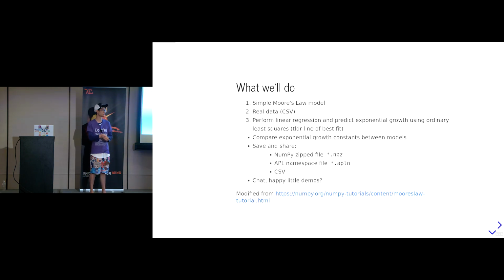Then we will do some plotting and save our results and figure out how to share them, export them. Then if we have time, we'll have a chat, and I have some demos prepared to fill the time. This demo itself is modified from the Moore's law tutorial from numpy.org.